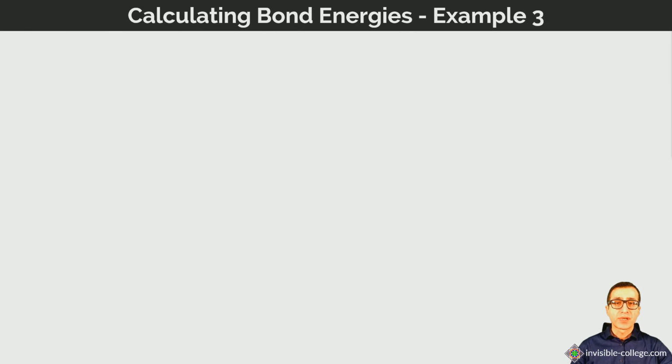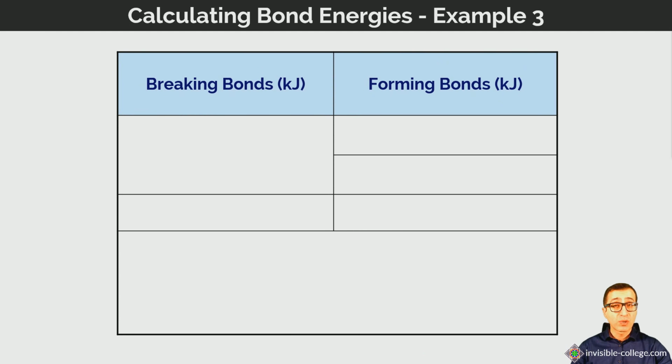So let's take a look at how we do this. Again, we need to consider how many moles of bonds we are breaking and how many moles of bonds we are forming. In terms of the reactants, there's only one reactant, ammonia. Ammonia has the formula NH3, which means that in every mole of ammonia molecules, there are 3 moles of nitrogen to hydrogen single bonds.